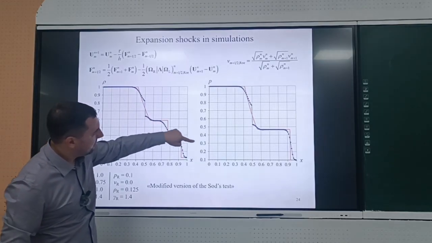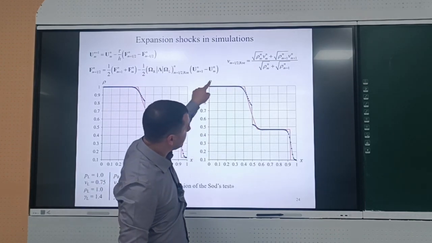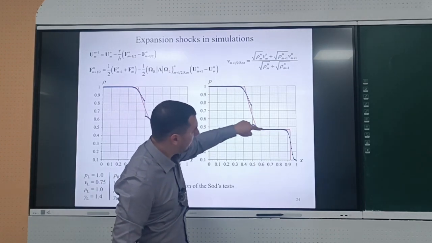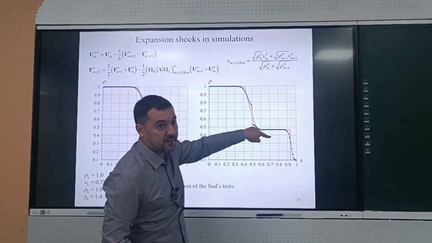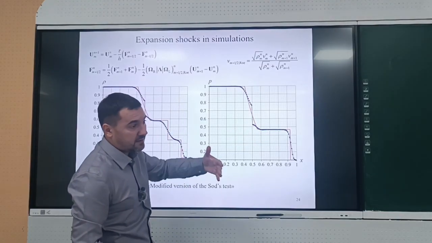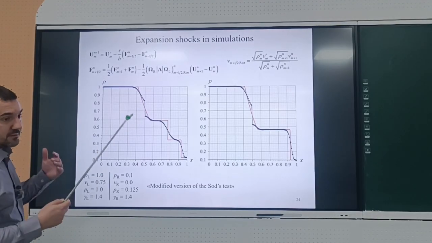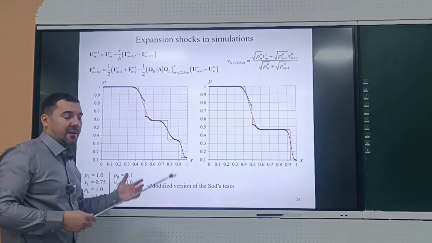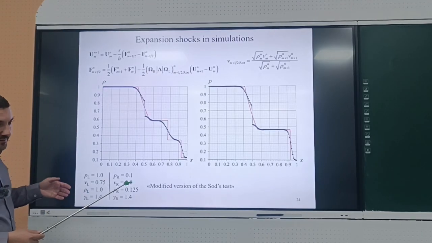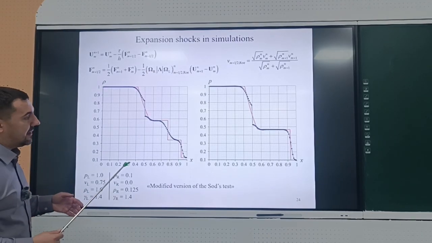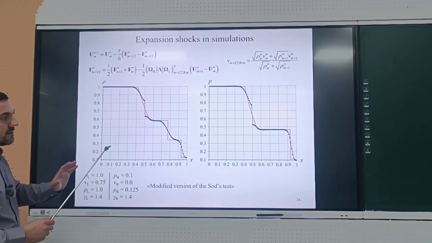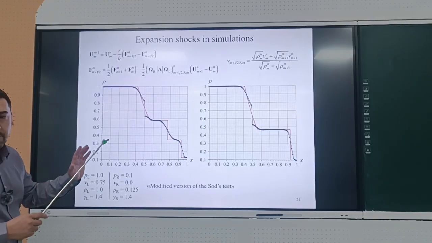But this contact discontinuity still exists here. But this is the pressure. And you don't see any jump in pressure here, because this is a contact discontinuity. And in correct simulations, or if your numerical method is good enough, so it's consistent, stable, and the second law of thermodynamics is valid in your simulations, then you can get all these theoretical things that we just discussed.